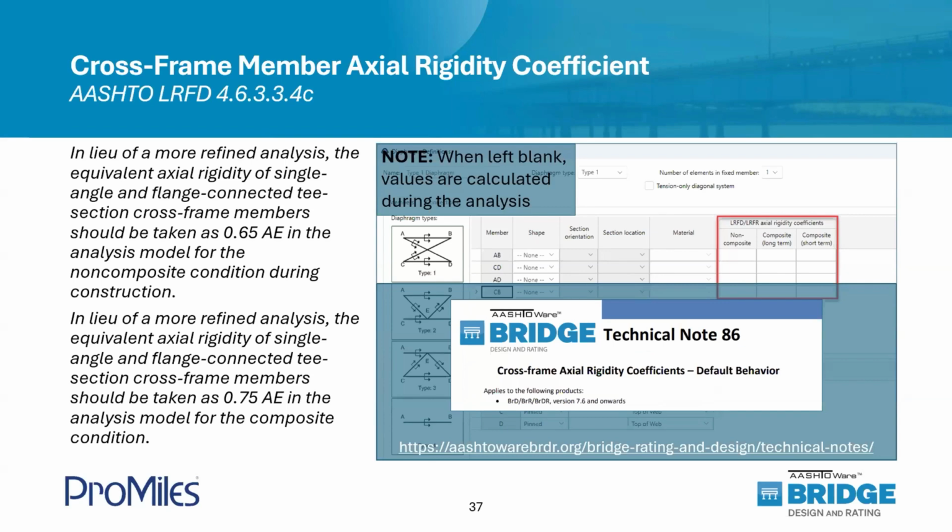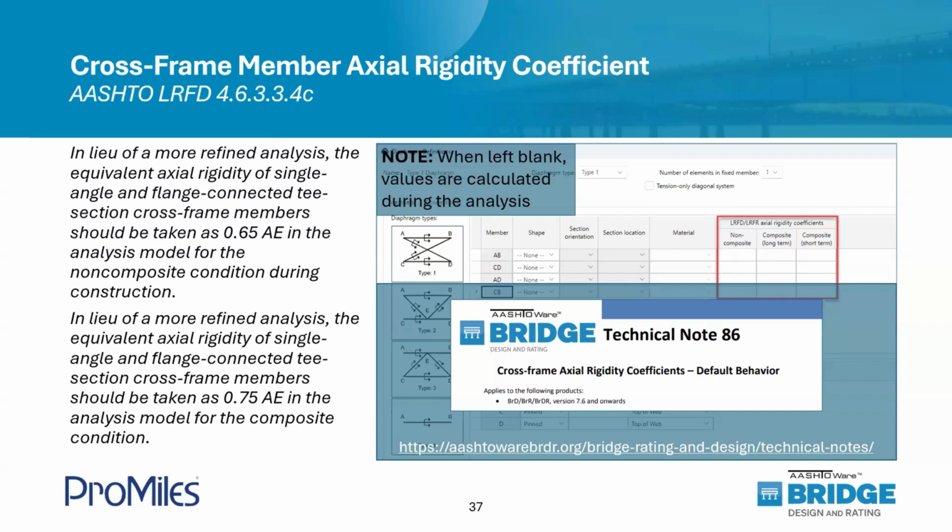I'll note here, we have technical note 86. It's specifically related to these coefficients. Whenever they're left blank, the AASHTO engine running with the 10th edition specs will compute a coefficient. There may be existing models out there where someone has overridden some of the member properties to account for this reduced stiffness.